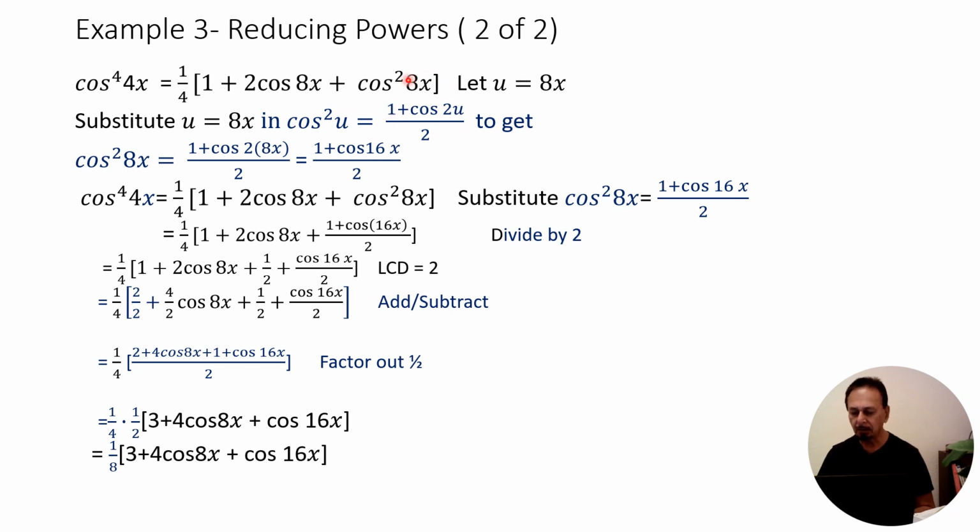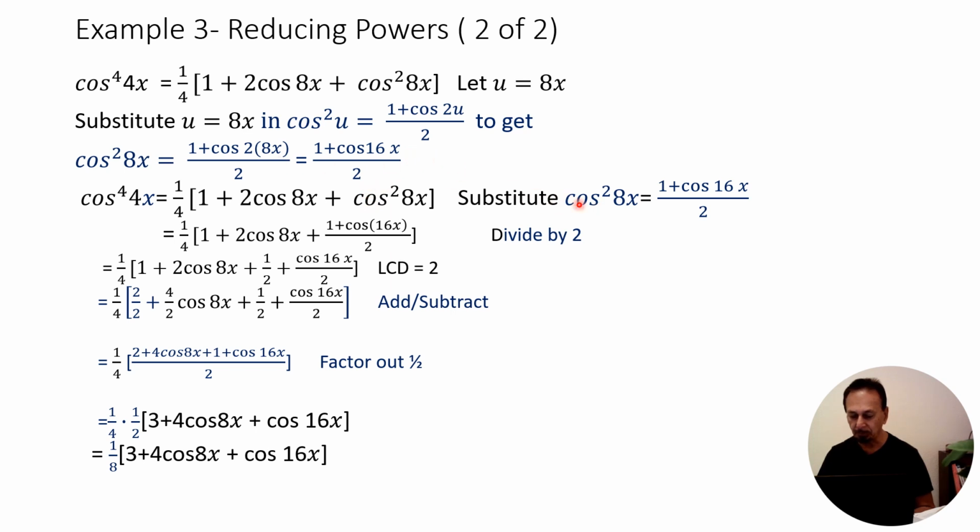Now this cosine is the second power, we have to apply the power reducing formula on this one. So we can let u is equal to 8x and we substitute u is equal to 8x in this, cosine square u equal to 1 plus cosine 2u over 2. So this becomes cosine square 8x equal 1 plus cosine 2 times 8x over 2, which becomes 1 plus cosine 16x over 2.